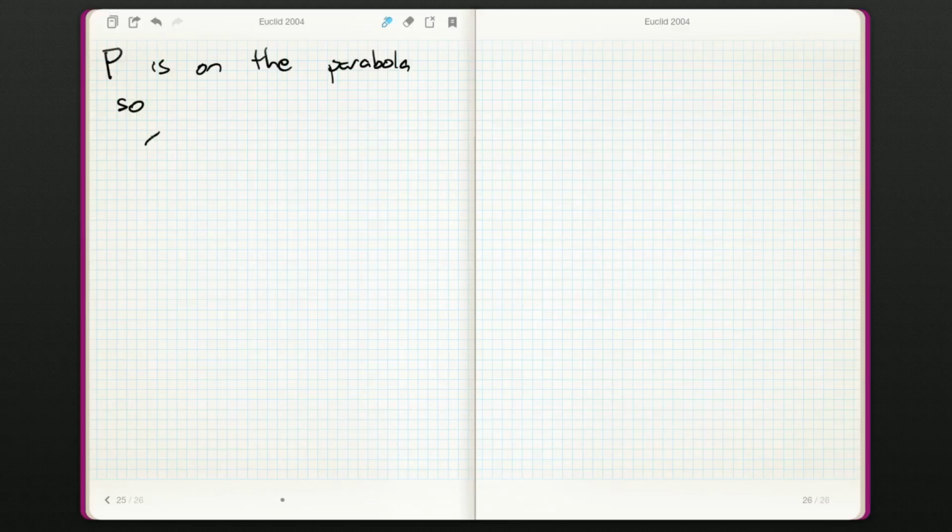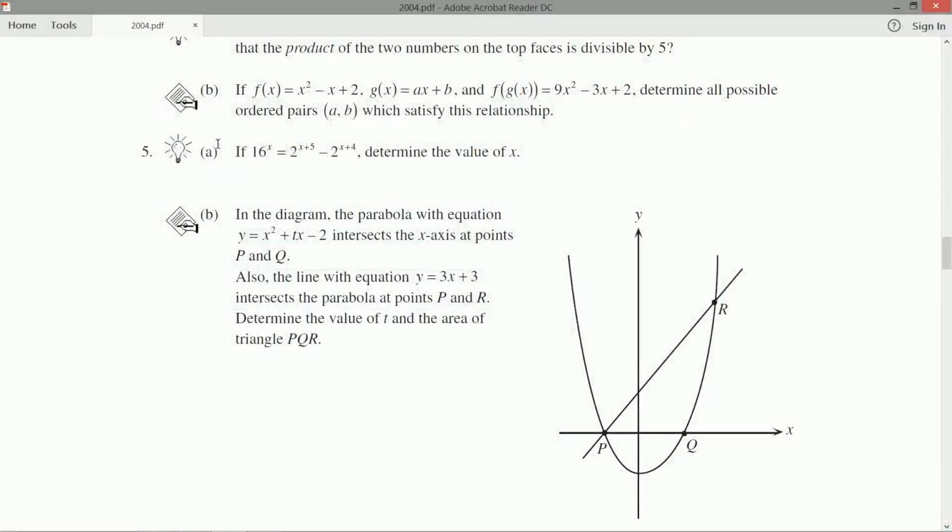So negative 1, it was x squared minus t, I think. And I think it was plus 2. No, it would have to be minus 2 because it dips below the x-axis. So maybe it was plus tx. But it's got to be equal to 0 because this is the y-coordinate of P and minus 1 is the x-coordinate. Let's just check. Plus t, plus tx.